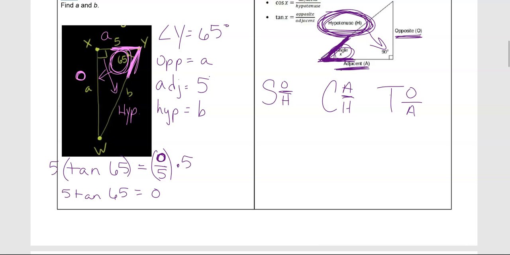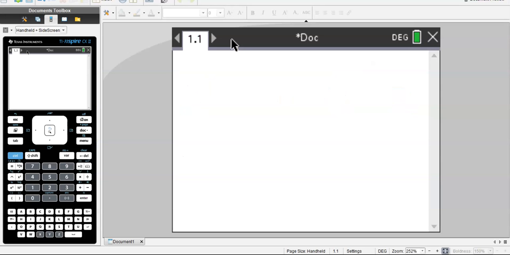So we're going to have to run this through the calculator because, again, to be perfectly honest, I don't know the tangent of 65 degrees off the top of my head. All right, so for now, again, I'm using the TI emulator, which is on my computer. If you do not have access to the TI emulator, please use the calculator on your cell phone or the one on the computer itself, or you can use an online one, okay?